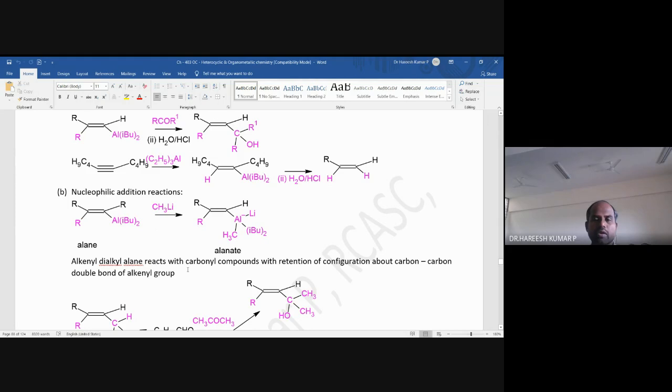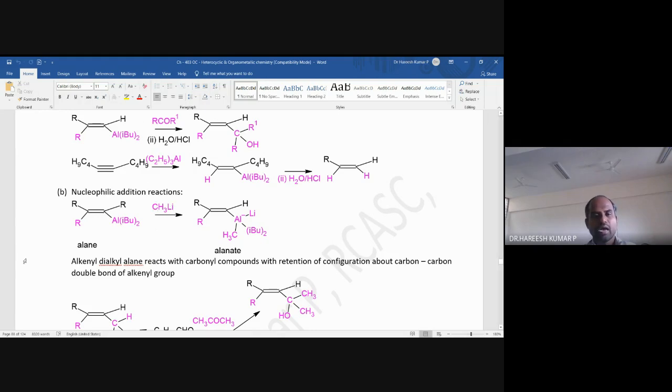So I think you are aware of the difference between these two molecules. This is alkynyl dialkyl alane, and this is alanate. I think you are aware of ethanol and sodium ethoxide. Once ethanol is converted into an anion, it's called ethoxide.